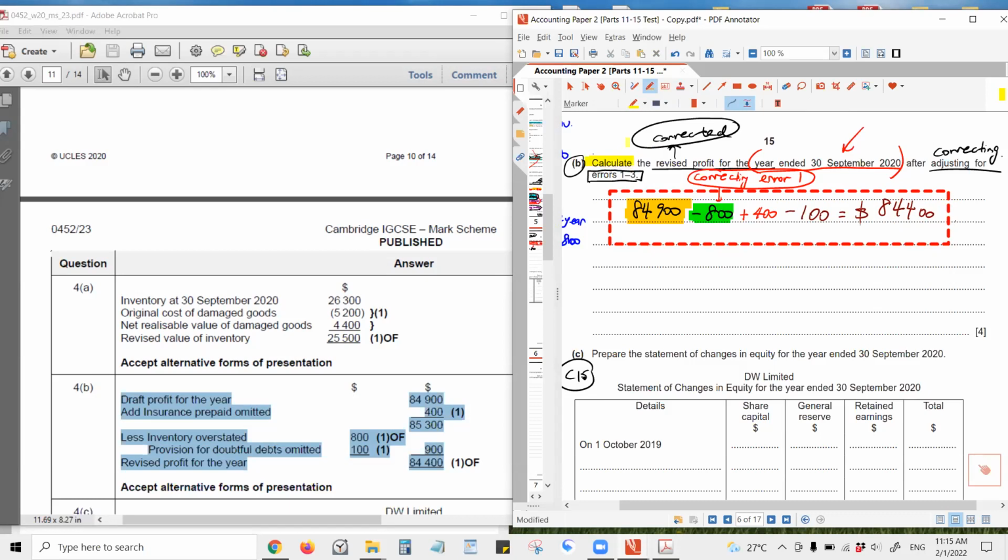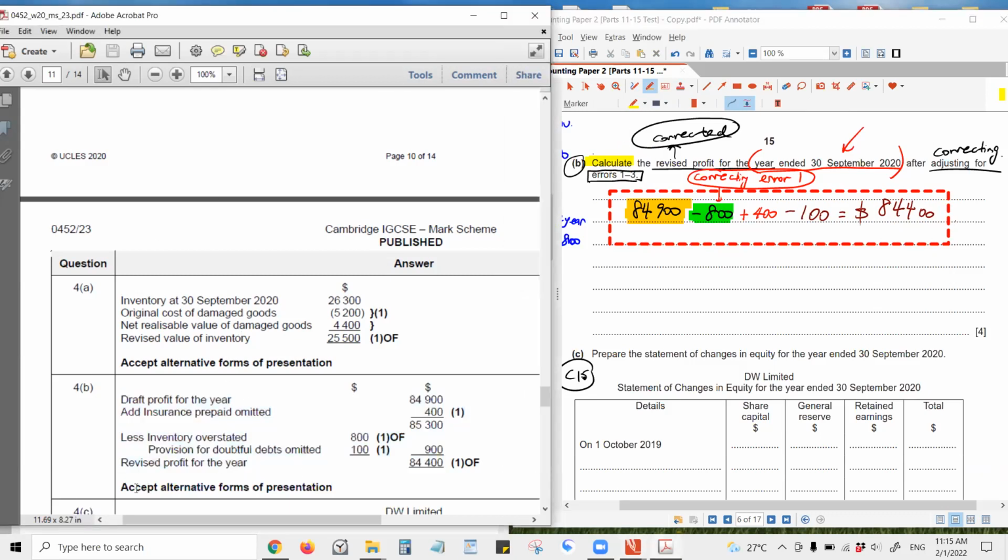You don't have to show any English terms or any alphabets. Just show numbers plus and minus equal to what. Then you are okay. You can also see the mark scheme here: accept alternative forms of presentation, like what they presented to you here.